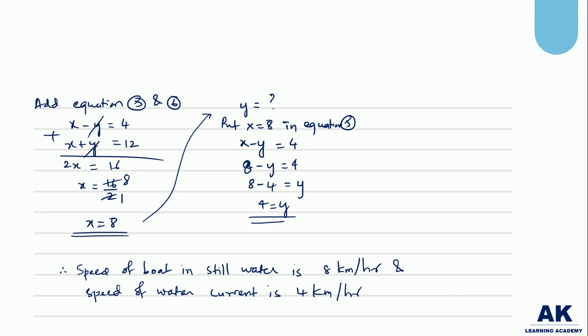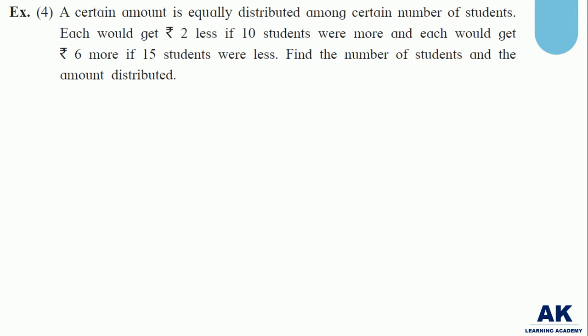Now fourth example: a certain amount is equally distributed among certain number of students, each would get 2 less if 10 students were more, and each would get 6 more if 15 students were less. Find the number of students and amount distributed, right? Now let's solve this example.